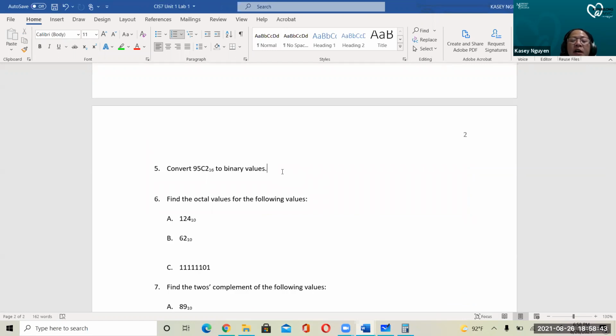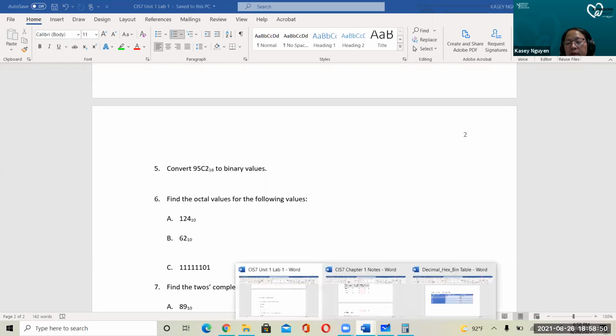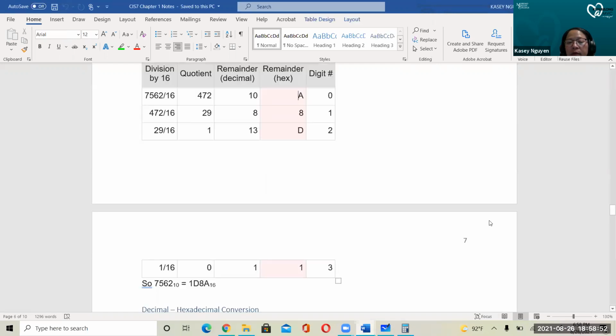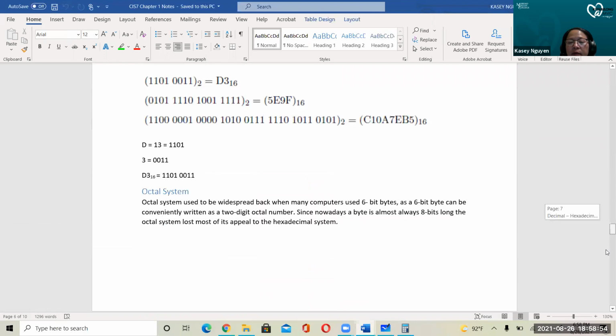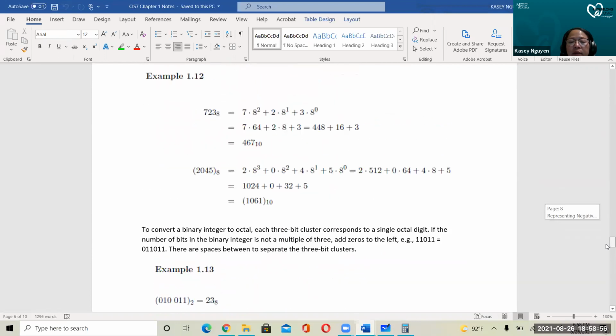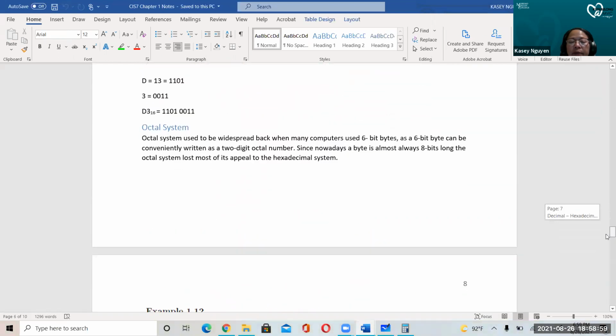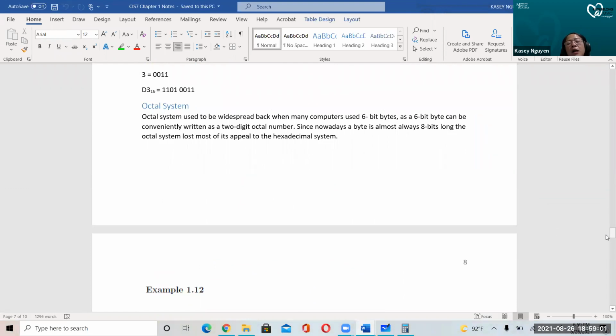And then I'm going to do the octal with you. So the octal system was used for older systems, right? Back then, storage was limited.